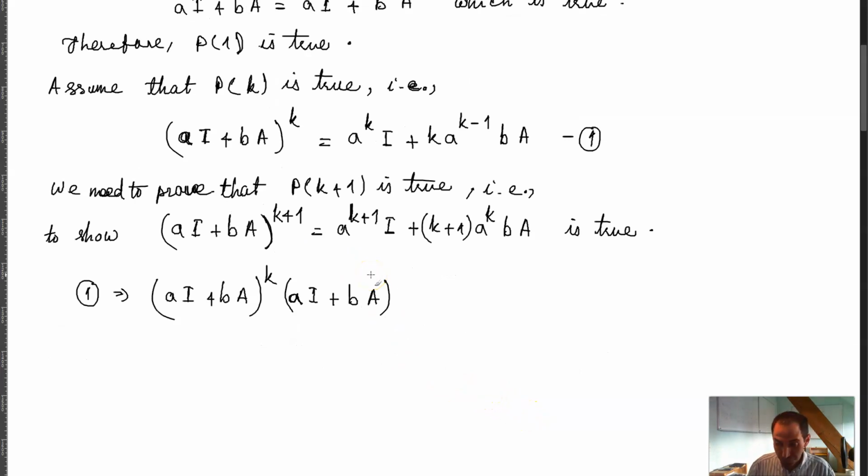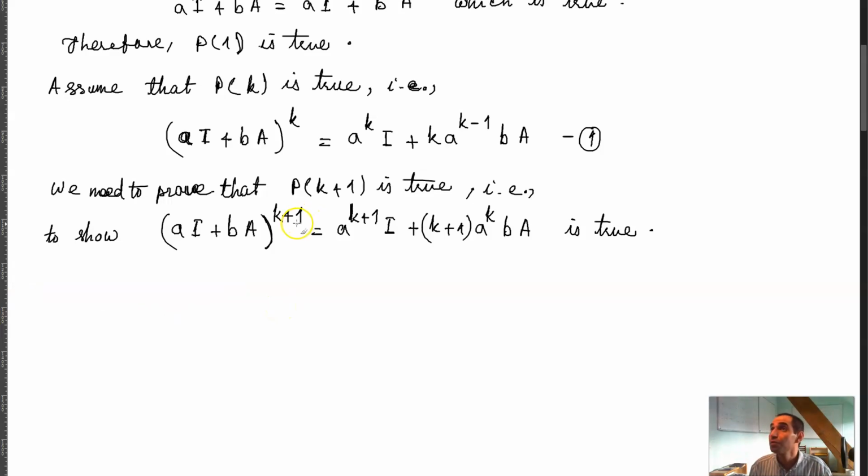Okay, so now we want to show that P(k+1) is true. In order to show that, I will write P(k+1), which is of course this equation over here.